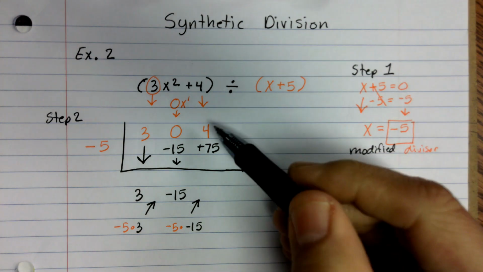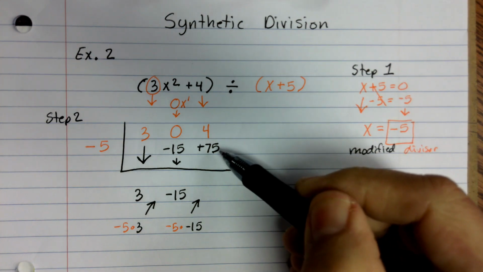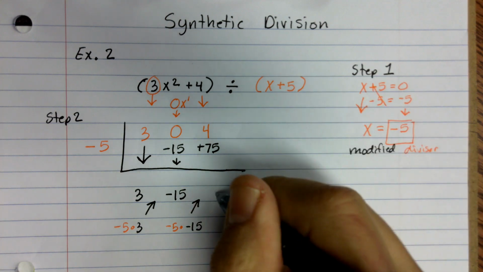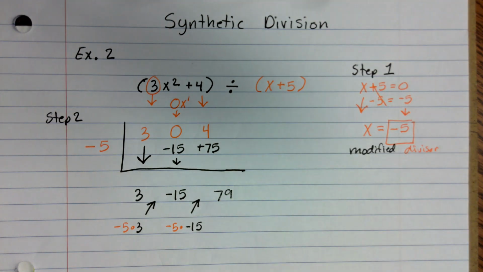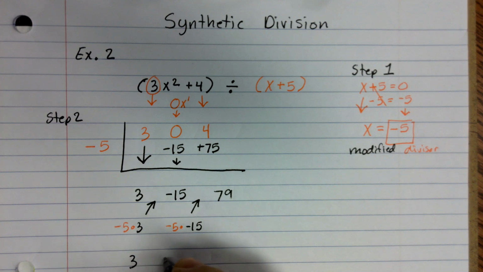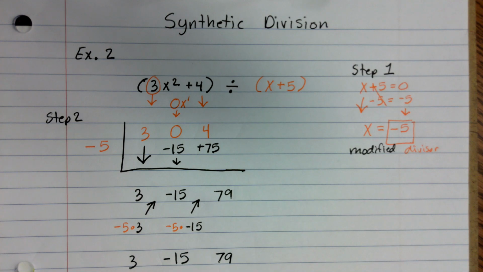Now if I continue this process, I'll take that 4 and add it to positive 75, and that gives me 79. Now the final thing I'm going to do is just like the last videos. I'm going to take the 3, the -15, and positive 79, and this is going to be part of our answer.